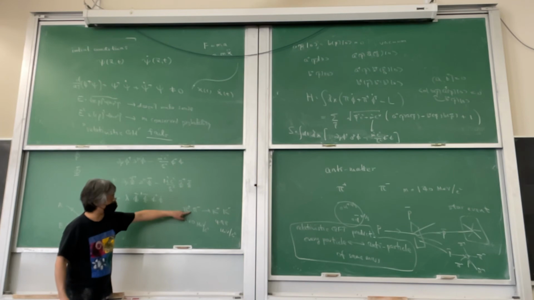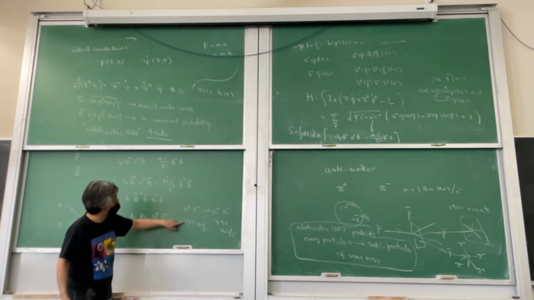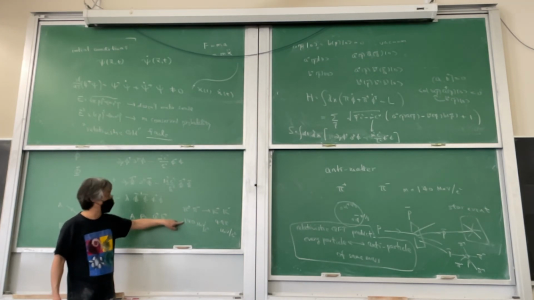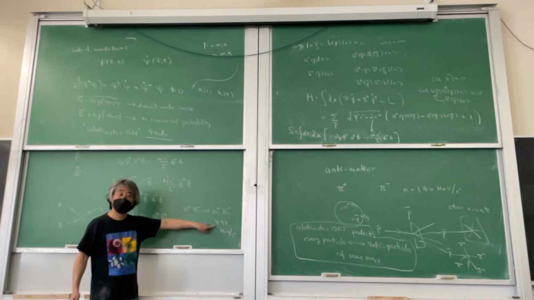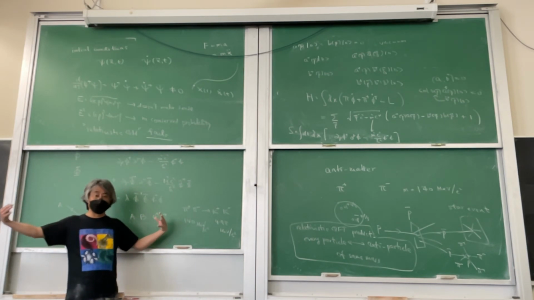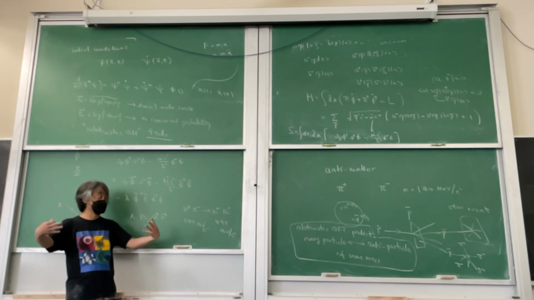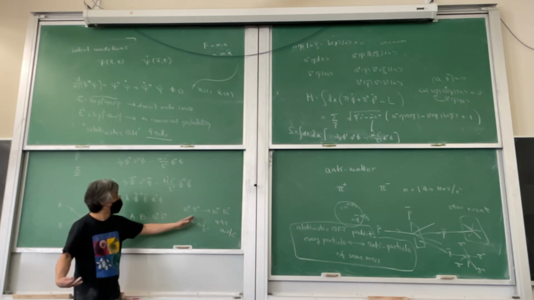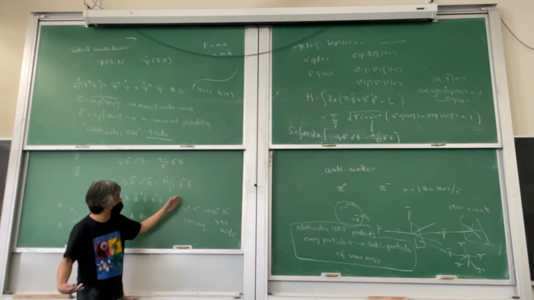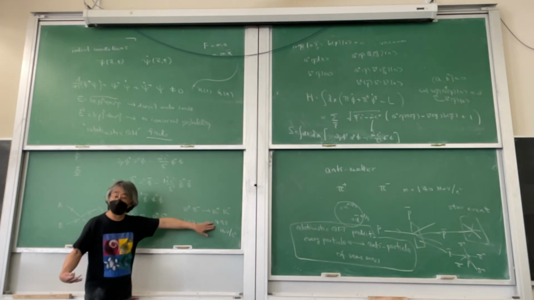And if these guys are slow, then the total energy here is 280 MeV. That's not enough to create them. But if you send the pi plus and pi minus with enough energy using particle accelerators, then once you exceed a total energy in the initial state of twice the K0 mass, you can observe this process, and people do.